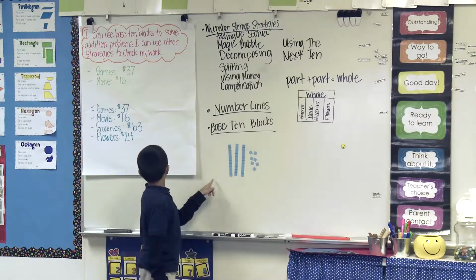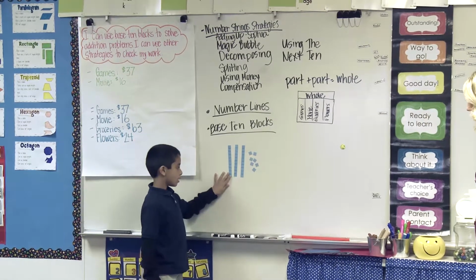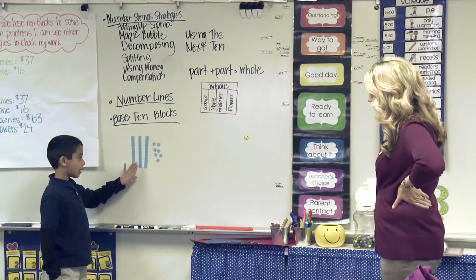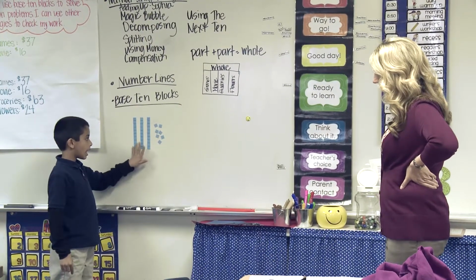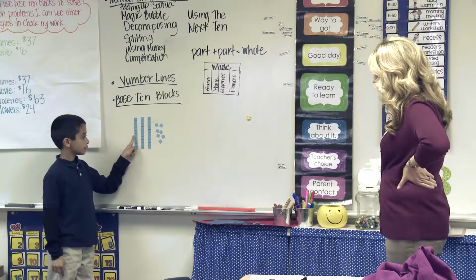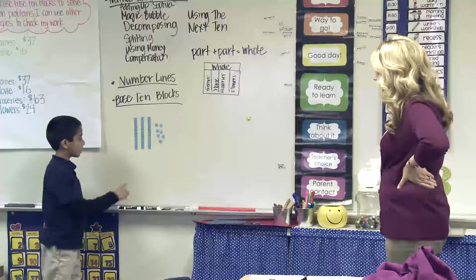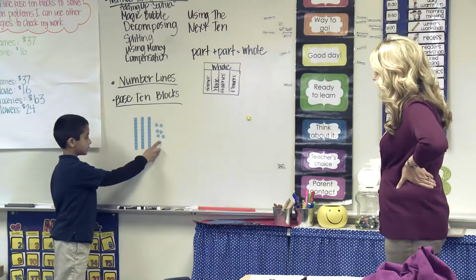You spent $37. And how did you build that 37? Because, well, I know that for the 30 I had to build 3 tens, and then for the 7 I had to build 7 ones.